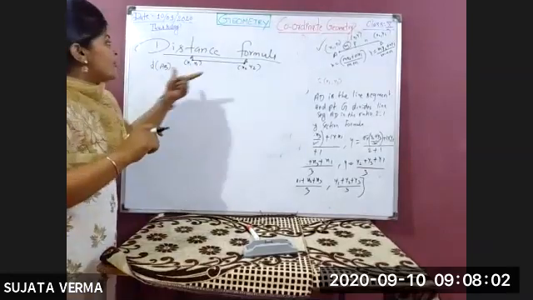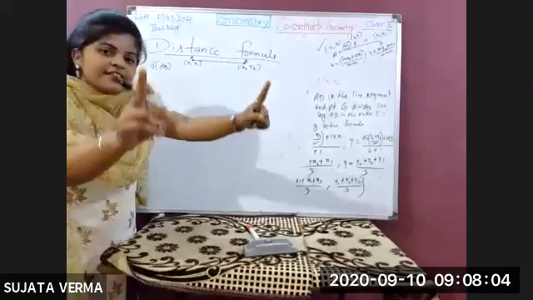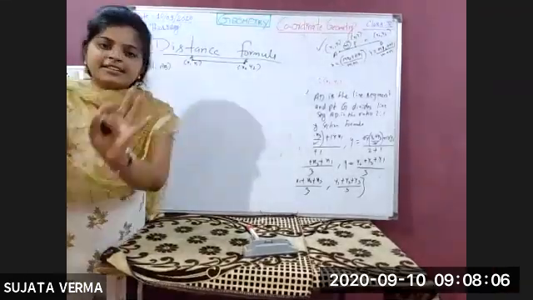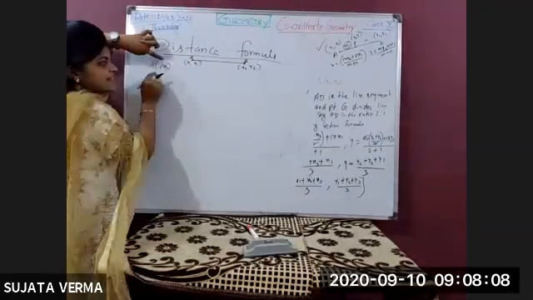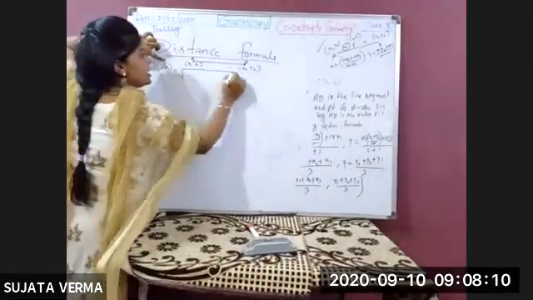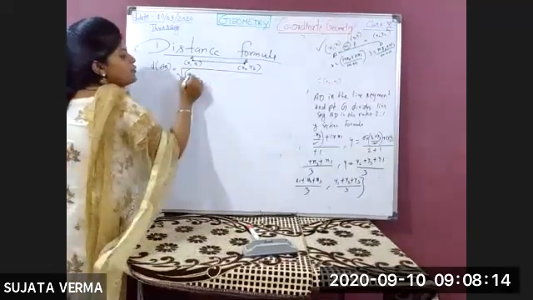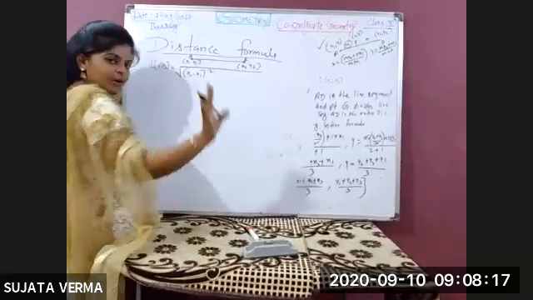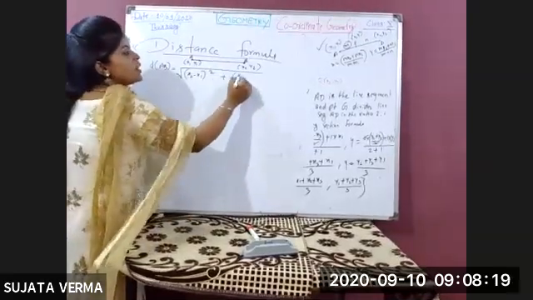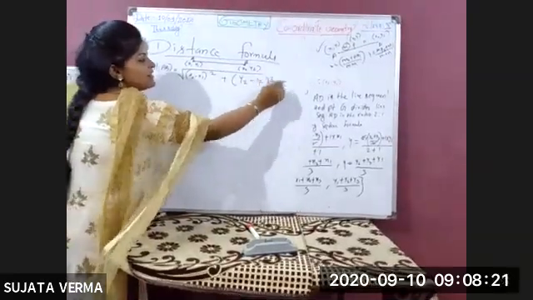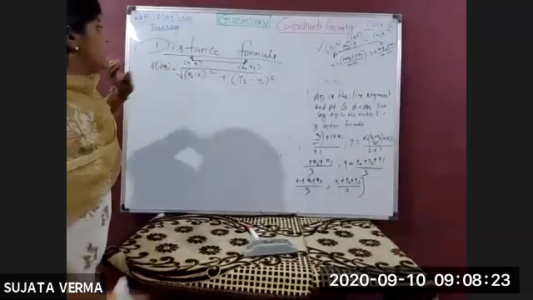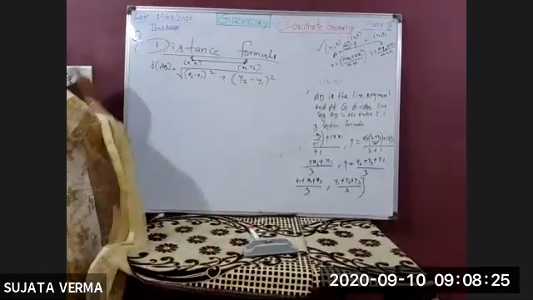Then we find the distance between these 2 points by using the distance formula, that is, distance AB is equal to the square root of (x2 minus x1) squared plus (y2 minus y1) squared. Okay, this one is our first formula.